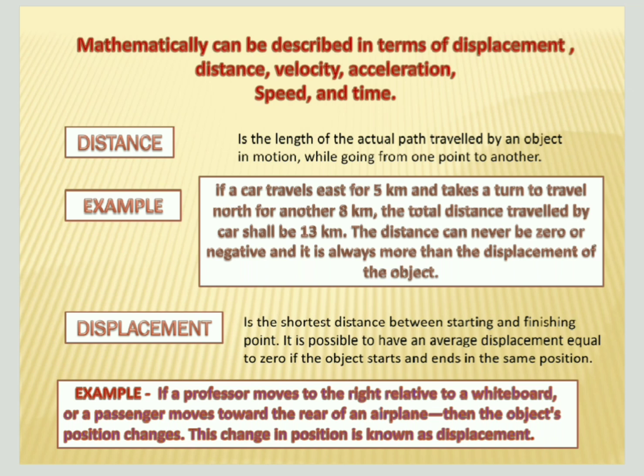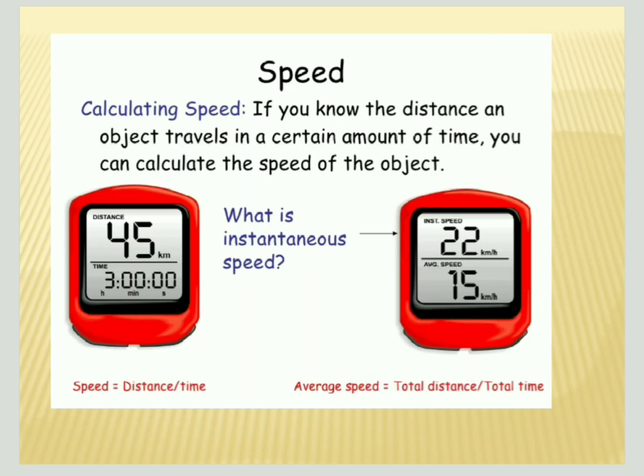The word itself explains its meaning: if you are displacing yourself, or any object is displacing itself from the position where it is standing and goes either backward or forward, that shortest distance between the starting and the finishing point is called displacement. When the object's position changes, this change in position is known as displacement.